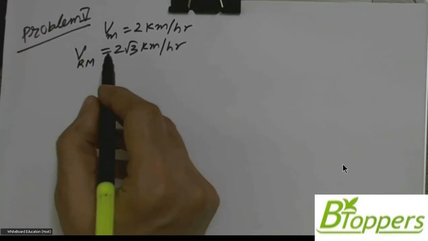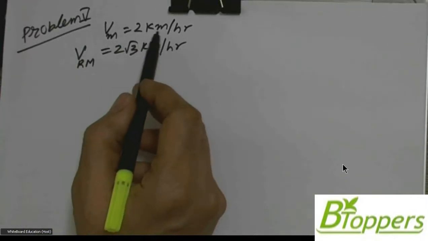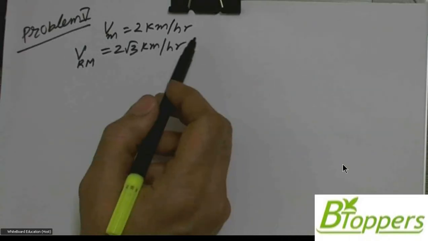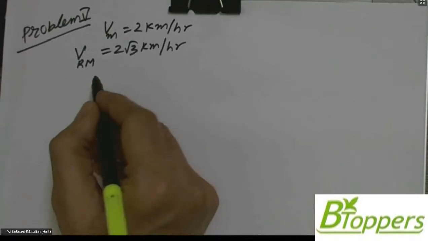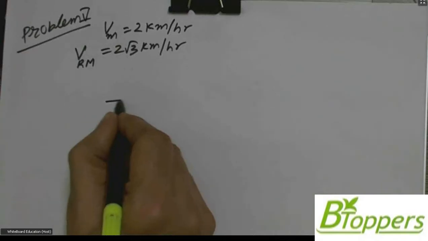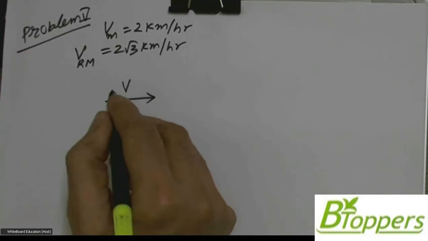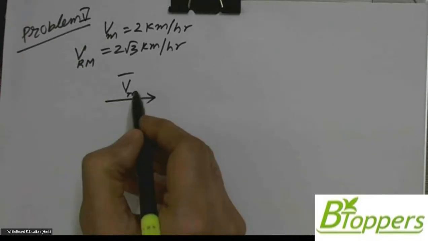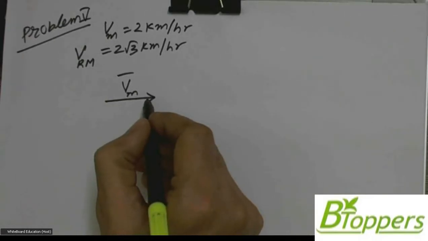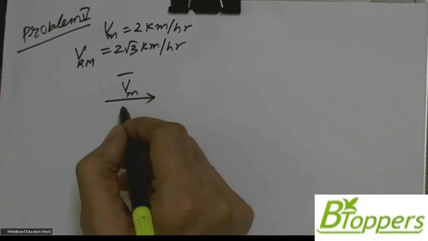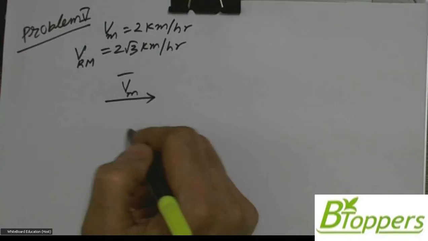Now, in problem 5, you are given that the velocity of the man is 2 km per hour in the horizontal direction. So this is the direction of the velocity of the man, denoted in vector form by V M bar. The figure I am drawing is in the vertical plane.